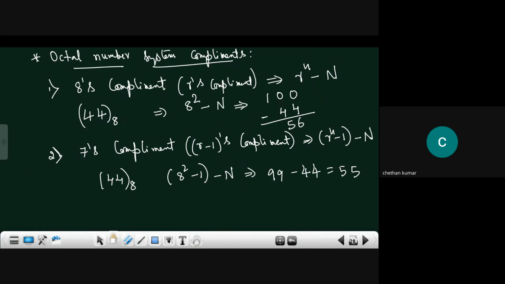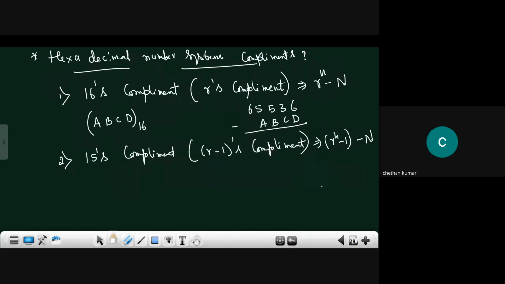Are you understood? Likewise here also you should do the same thing. If you put 16 power 4, this is your decimal number. You should convert it into a hexadecimal number.